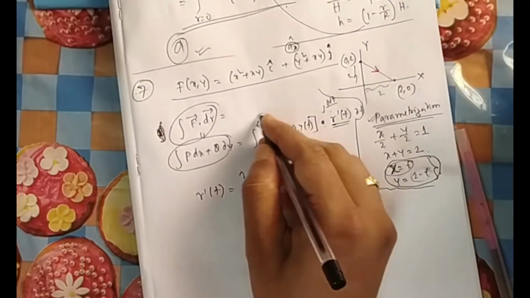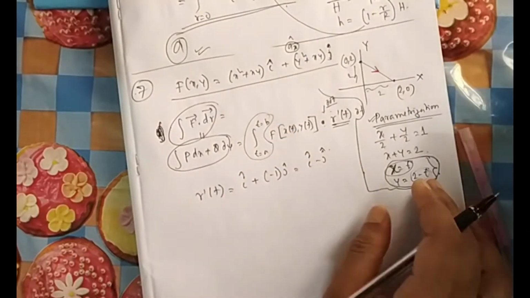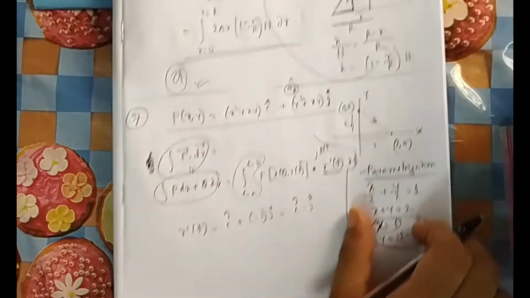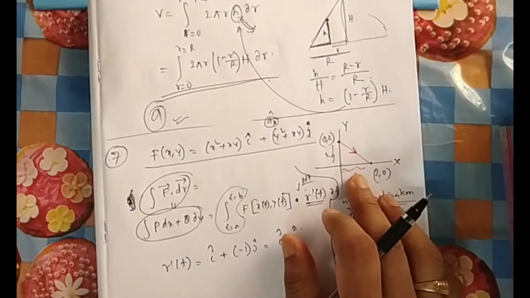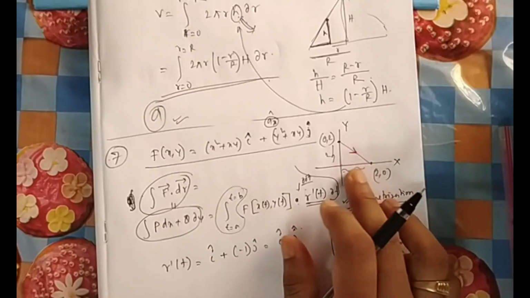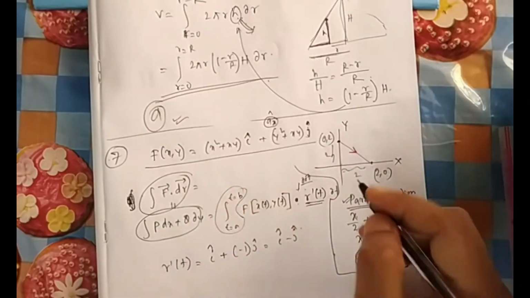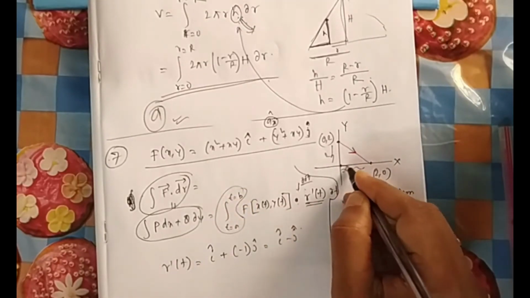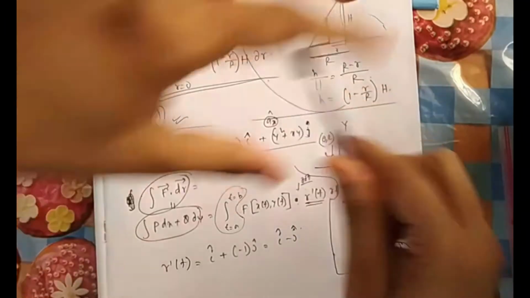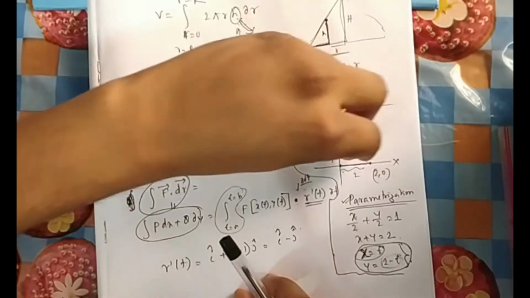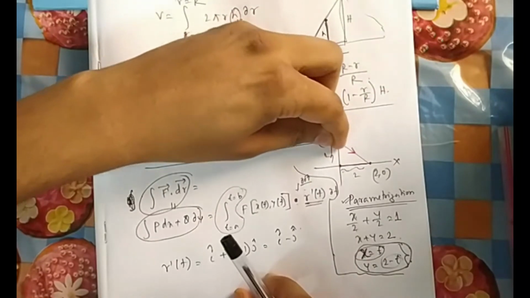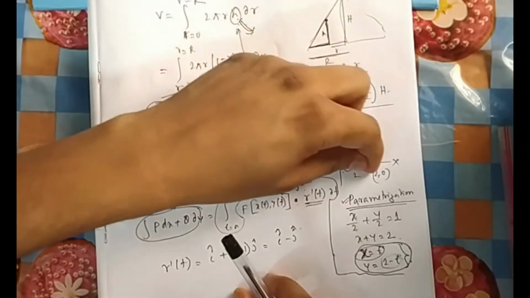Next, what is the next? I need the limit of t. What should be the limit of t? Either x or y, whichever you think, that will be okay. Either you take x or y, both will give you the same answer for a, b. If you take x moving from this point to this point, coming from here to here, think about what is changing in the x coordinate.